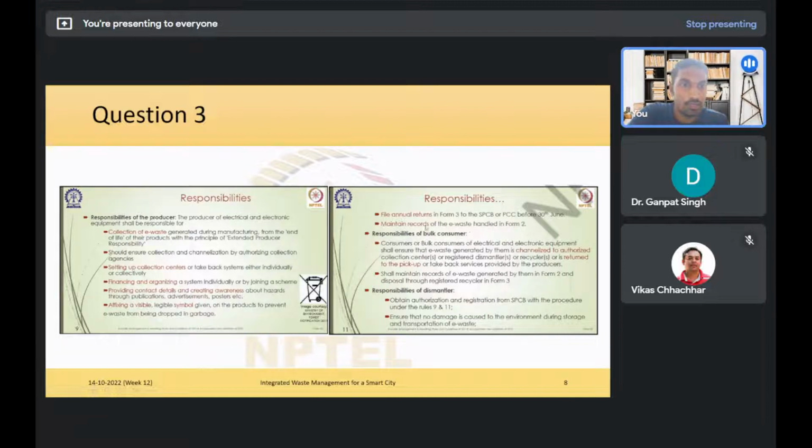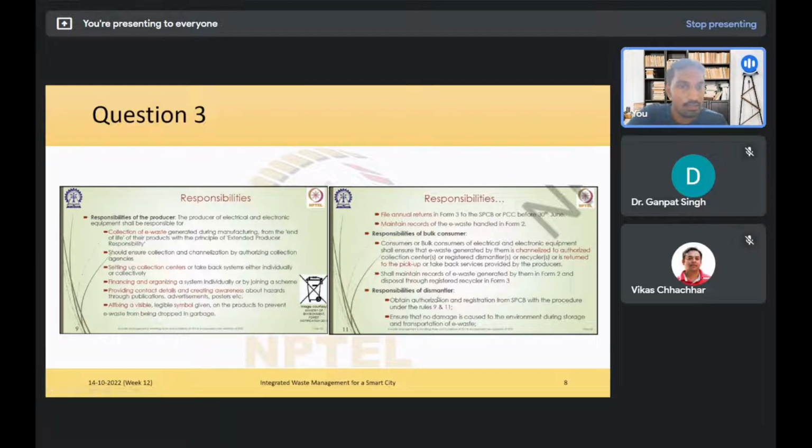With respect to the bulk consumer, they have to make sure that the e-waste generated from whatever product they have used is returned properly to the registered facilities. And they should also keep records of the e-waste being generated, especially the bulk consumers, right? Bulk consumers are those who purchase a lot of these electronic products, for example, institutions or companies who buy a lot of computers and so on.